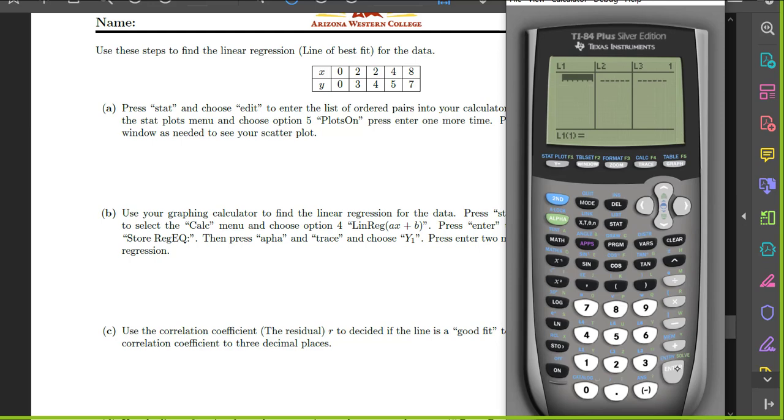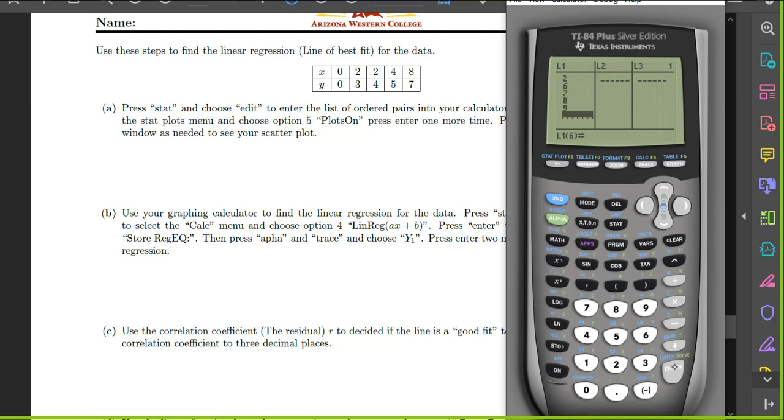So we have our list menu here. So a couple of things, our X's are going to go in the L1 list and our Y's are going to go in the L2 list. So we'll see our headers up here, and some of you may already have some junk in your lists. So let's talk about list management for a moment. So say you already have some things in here and you want to clear that list.